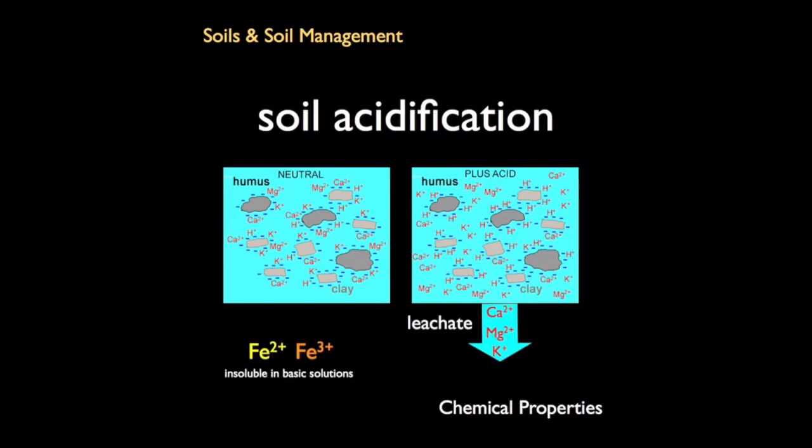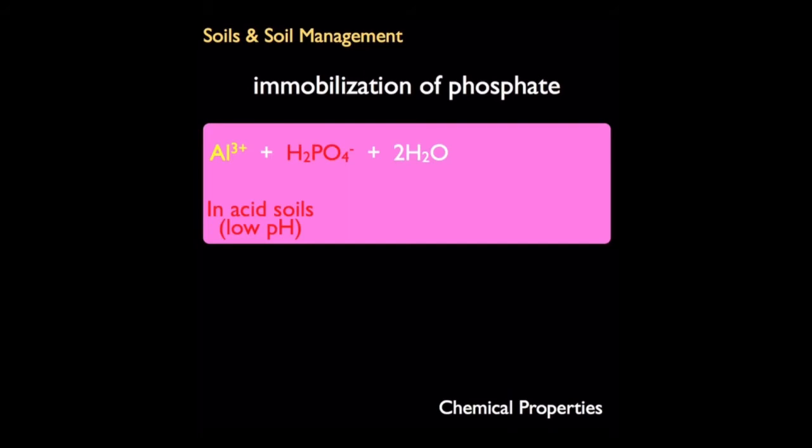Forms of iron such as ferrous Fe2+ and ferric Fe3+ ions are almost insoluble in soil solutions with basic pH. Therefore, they remain associated with cation exchange sites or linked with insoluble soil compounds. pH can also lead to the irreversible loss of some plant nutrients by promoting chemical reactions with other soil constituents.